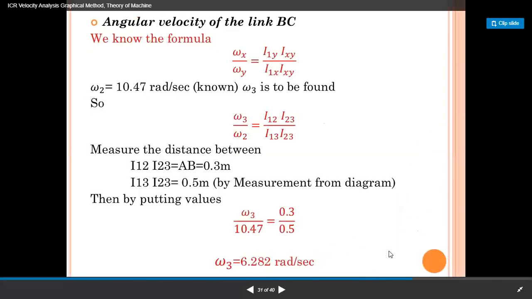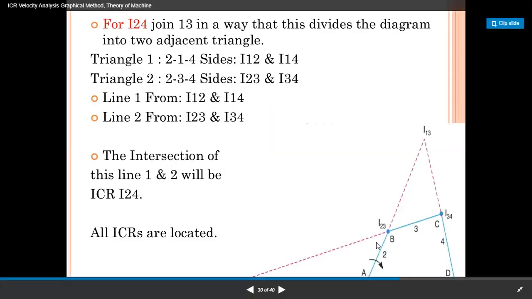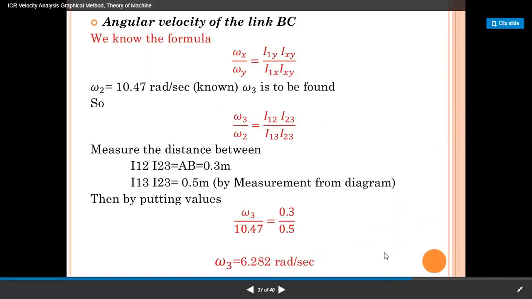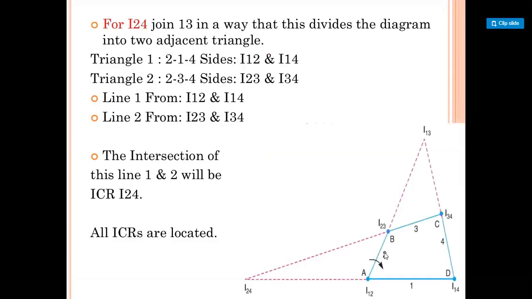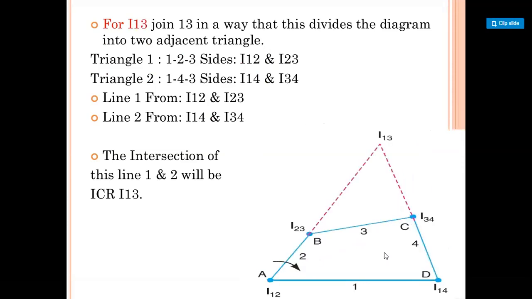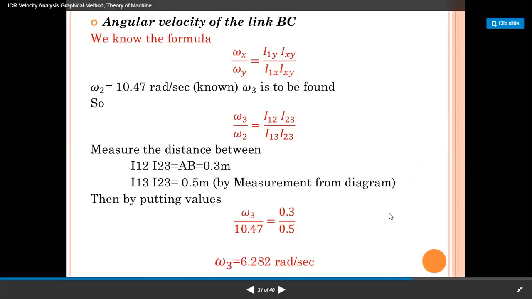So omega 3 divided by omega 2 is I12 to I23 divided by I13 to I23, right? So you can find omega 3 is 6.282 radian per second, right?